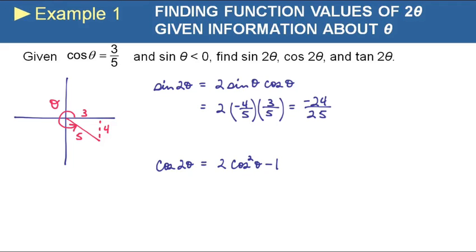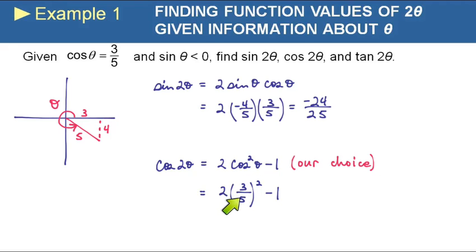And let's look at the cosine of 2 theta. We may as well use the 2 cosine squared theta minus 1 form of the identity. You could actually use any form that you like, but since they gave us cosine in the problem, let's just use that one. So cosine of theta is 3/5. When I replace cosine of theta with 3/5, remember to square it because in the formula it's squared.